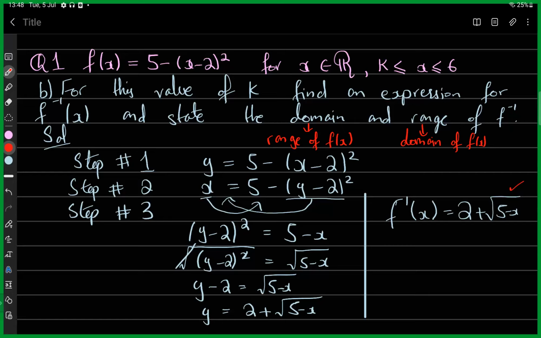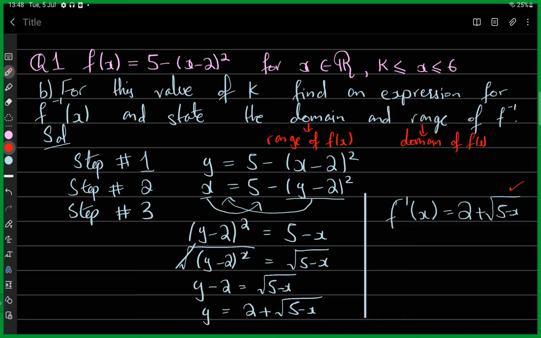So if the question is about the domain of the inverse function, just write down the range of the actual function. And if the question is about the range of the inverse function, just write down the domain of the actual function. Okay, so this is how we would be solving this question.